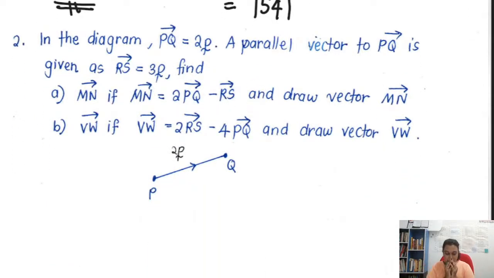Okay, soalan 2. Look carefully. In this diagram, PQ is equal to 2P, vektor 2P. A parallel vector, satu vektor selari dengan PQ, is given as RS. Find MN if MN is equal to this and draw the vector MN.